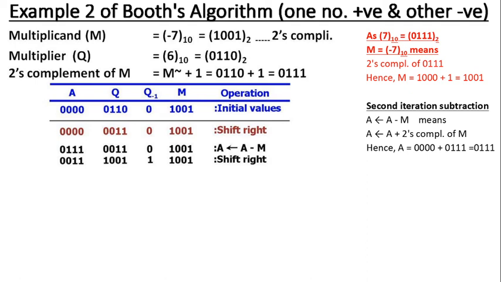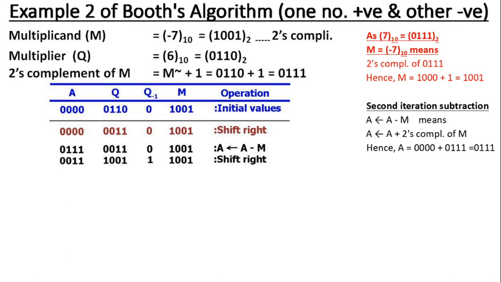Its Q0, Q minus 1 is equal to 1, 1. And whenever there is 1, 1, neither addition nor subtraction is required here. Straight away, that third iteration contains only the arithmetic shift right operation on the concatenated 9 bits of register A, register Q and Q minus 1 bit.